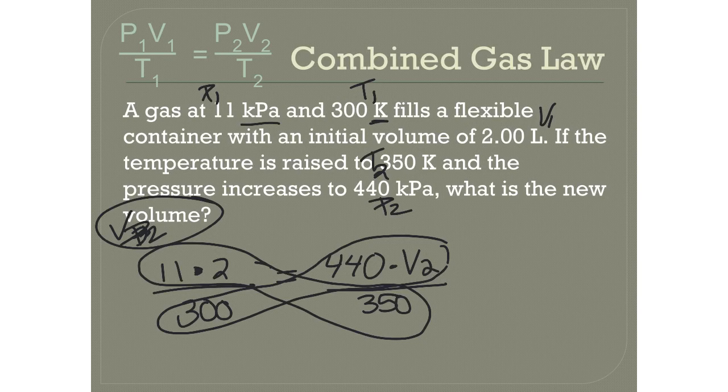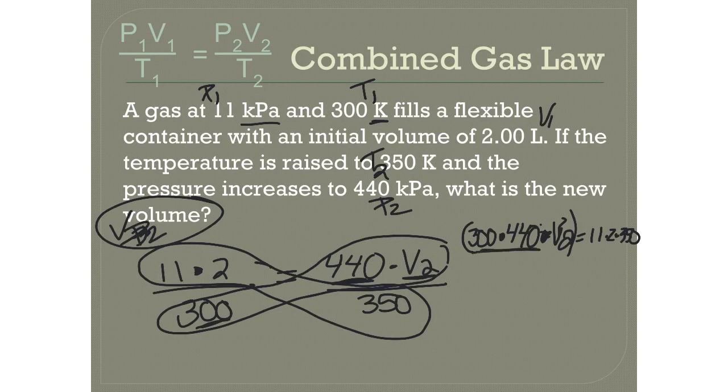So if I show this mathematically, we're going to take 300 times 440 times V2, and that is going to be equal to 11 times 2 times 350. So it's just like before, it's just that we've got 2 things with the V2 now.